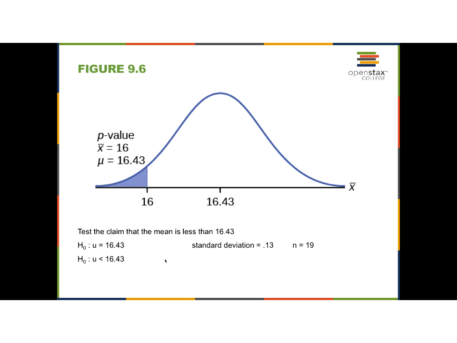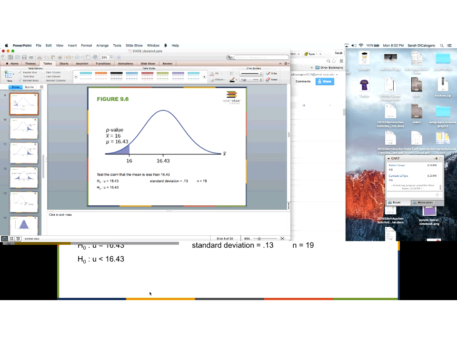I would ask you to write this down on a piece of paper, because we're going to go to a different screen and we're not going to have this information in front of us. We also know that mu is 16.43, our x bar value is 16, our n is 19, and our standard deviation is 0.13.